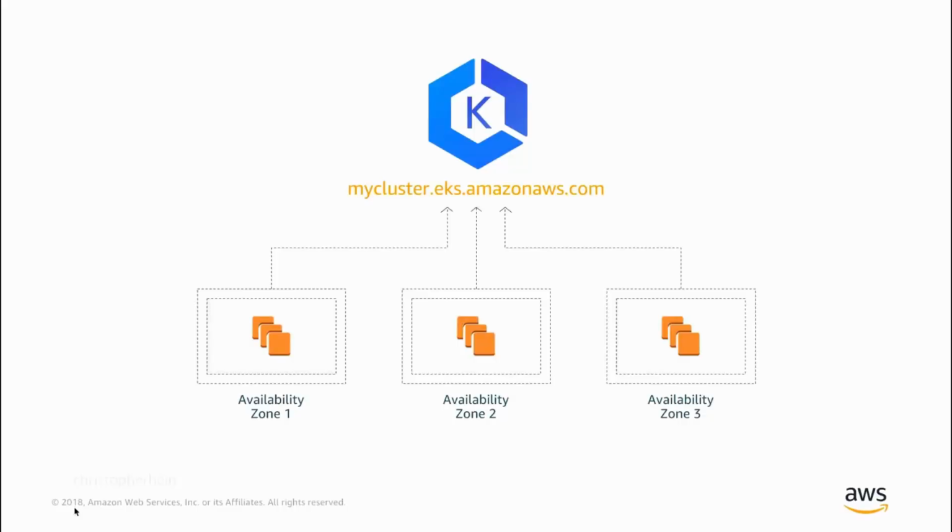And that kube-config file will then be referenced by the command line tool for Kubernetes called kubectl or kube-control. This CNAME represents the managed control plane for your EKS cluster and allows you to send operations which would tell Kubernetes to schedule containers for you.